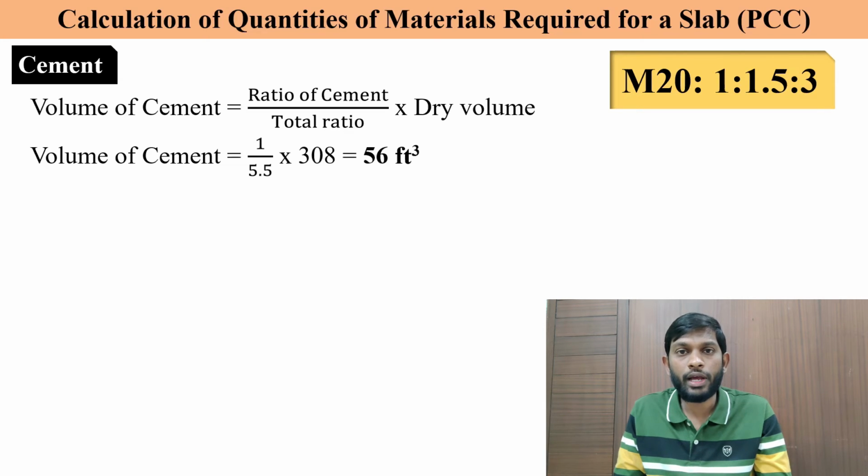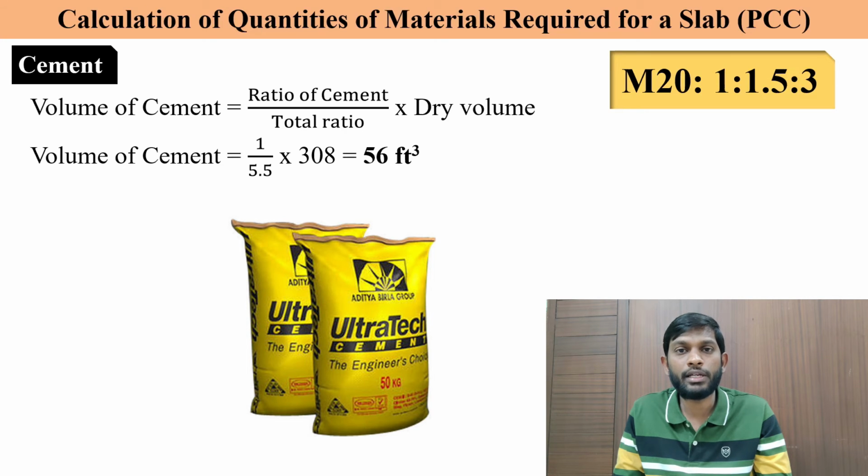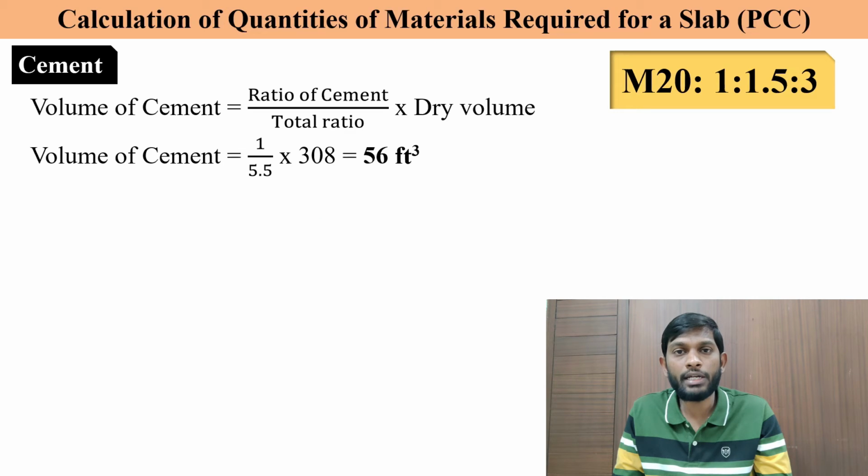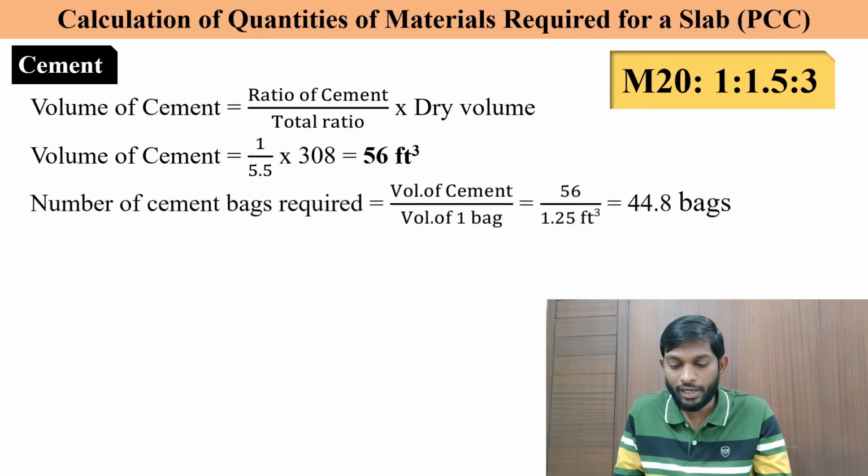So now we have calculated the quantity of cement in cubic feet. Now we need to convert this cubic feet into number of bags. Usually one cement bag is of 50 kgs. Now we need to find out how many bags of cement are required for this volume of cement. Number of cement bags required is calculated by using volume of cement divided by volume of one cement bag.